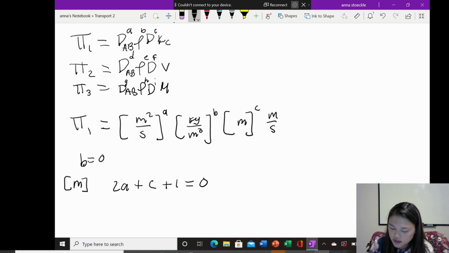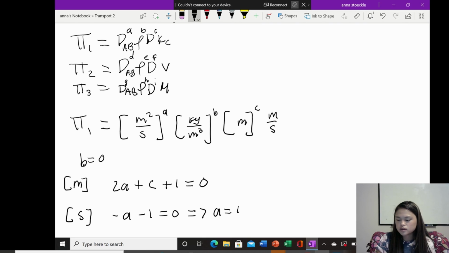So now let's look at the seconds. Looking at this first group, there's seconds in the denominator, so that'll be a negative a. And then we don't see seconds again until that mass transfer coefficient, and that will just be in the denominator as well. So a negative 1, set that equal to 0. And we get that a is going to equal negative 1.